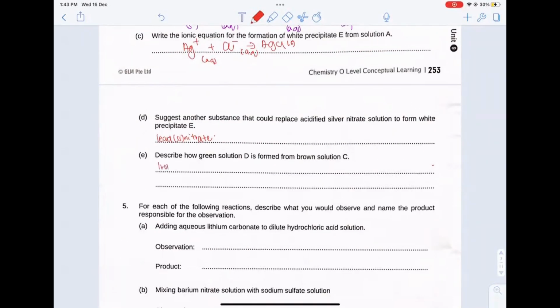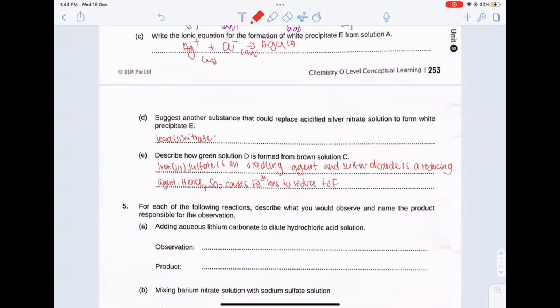And lastly, describe how green solution D is formed from brown solution C. So over here, iron(III) sulfate is an oxidizing agent, and sulfur dioxide is a reducing agent. Hence, sulfur dioxide causes Fe3+ ions to reduce to Fe2+.